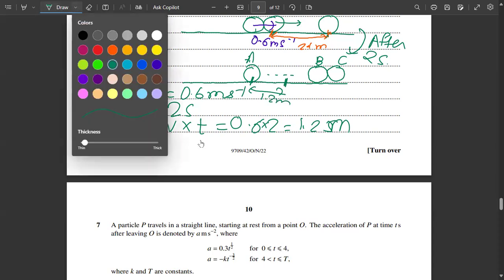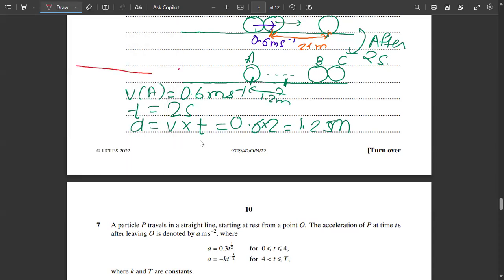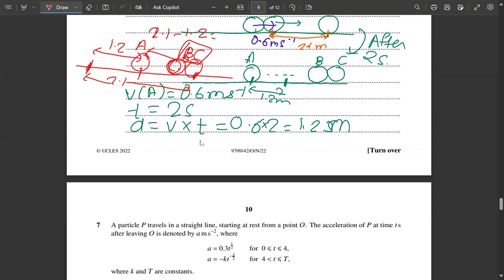If this entire distance is 2.1, then when B and C collide, A will have covered 1.2. This is the main idea here. So the distance remaining will be 2.1 minus 1.2, which is 0.9 meter.